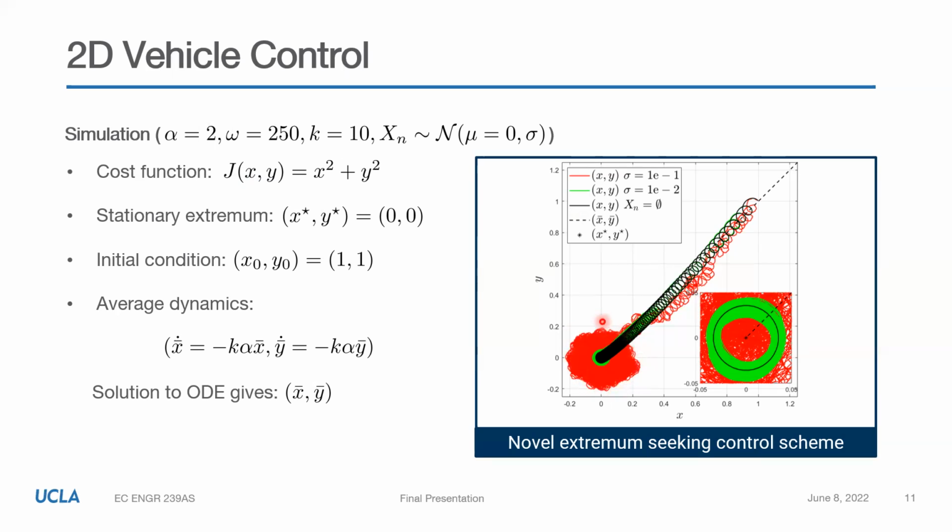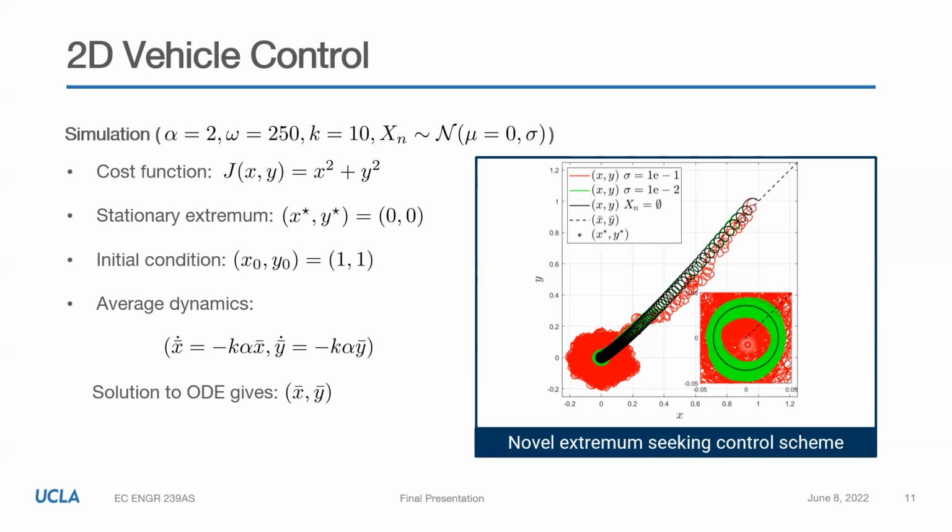So this system does converge, but not uniformly. Under a sensitivity to zero-mean process noise xn, the base case, we consider there to be no noise added to the measurable output of J, and the extremum seeking control scheme is sufficiently robust, maintaining convergence along a gradient descent towards the optimal value, X star, Y star.